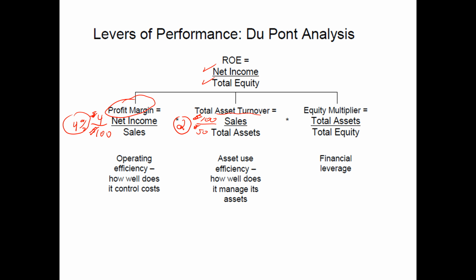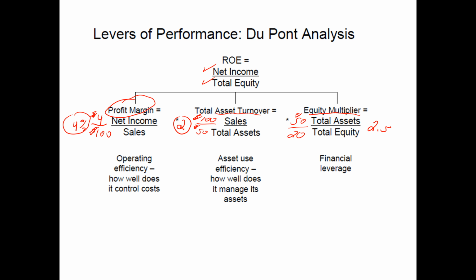And then finally, the degree to which you use other people's money is the equity multiplier, or also called the financial leverage ratio. And so let's say you have 50 in assets and you have 20 in equity. Then the equity multiplier is going to be 2.5.